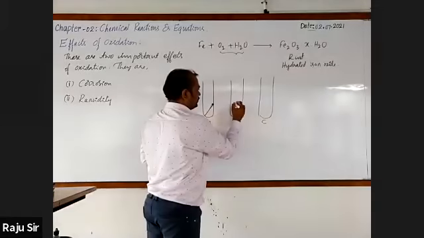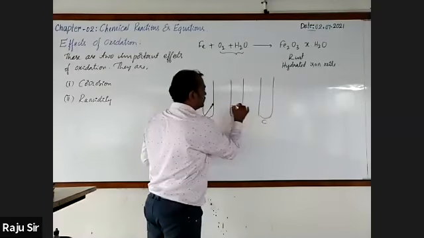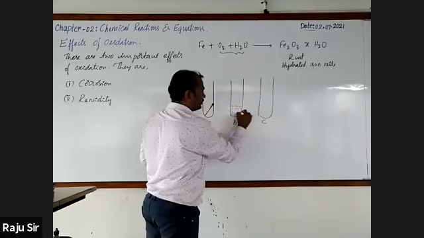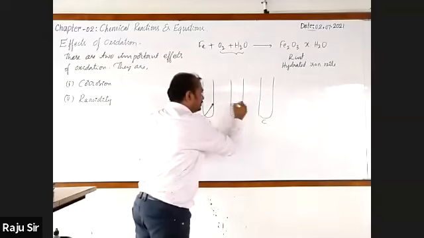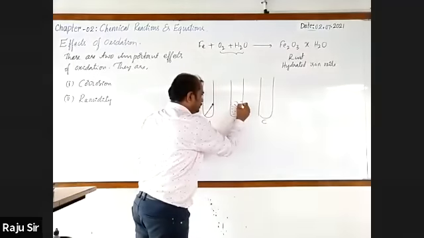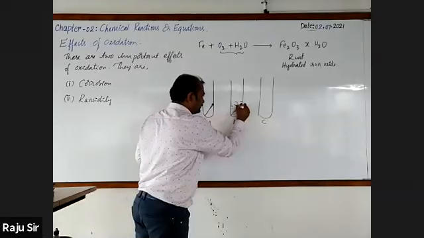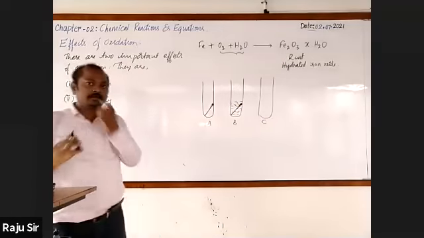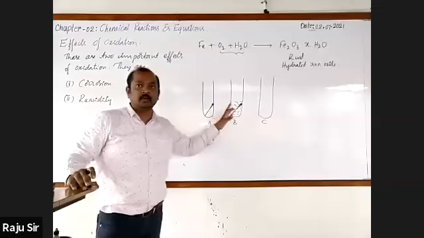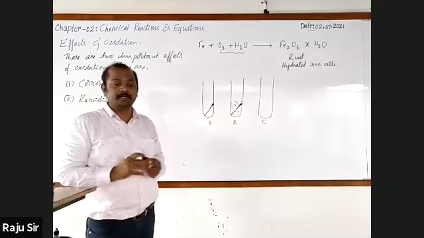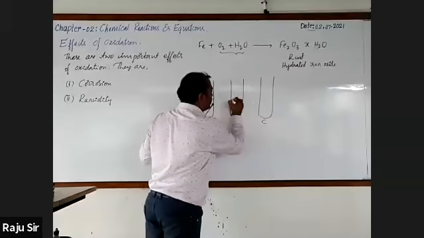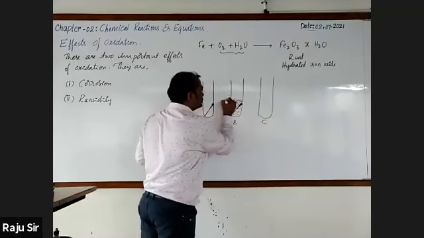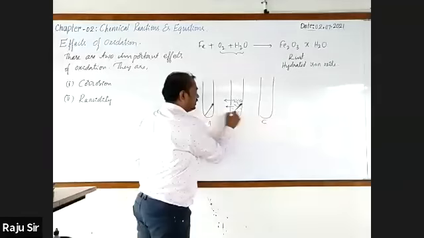In the second test tube, you will take some amount of water and place the iron nail in it, completely immersed. After that, put some drops of oil. See, this is oil, this is water, and this is the iron nail.